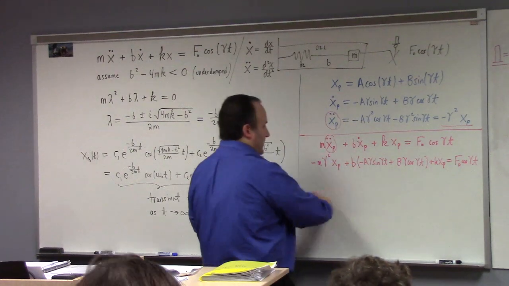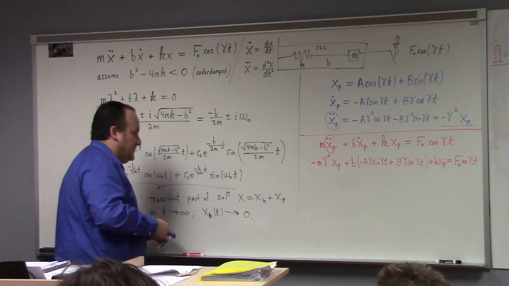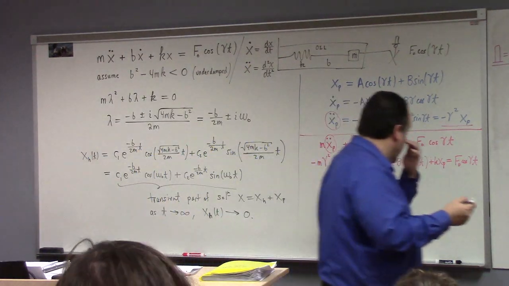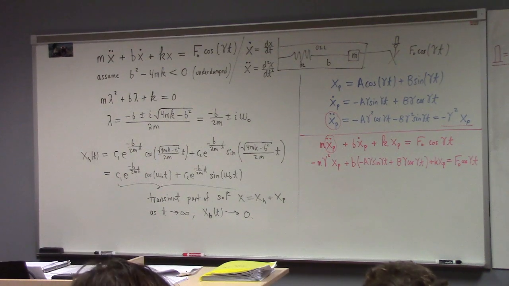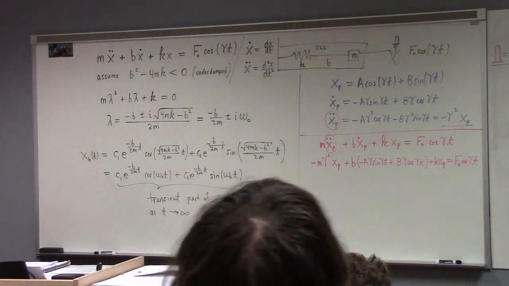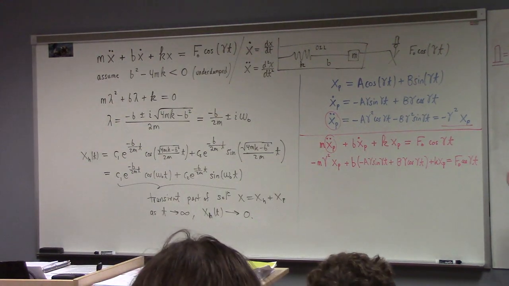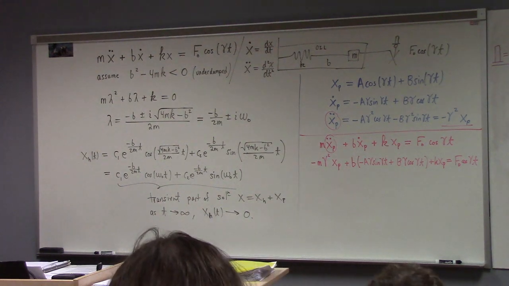All right. At this point, I'm going to go over there and see what I have. So I have k minus m gamma squared times xp. But xp is a cos gamma t plus b sine gamma t.